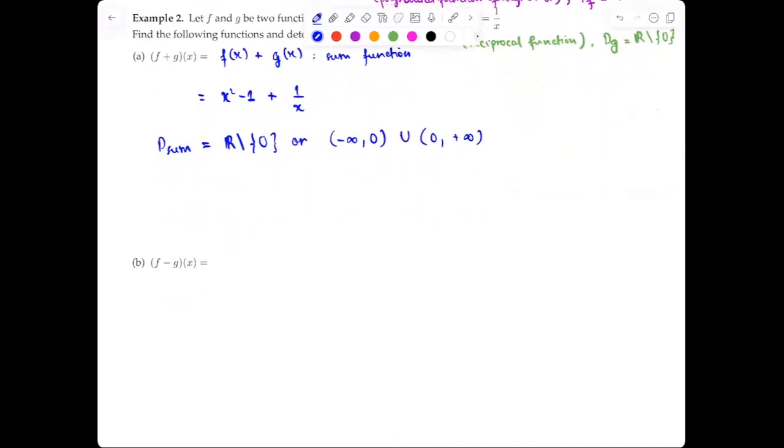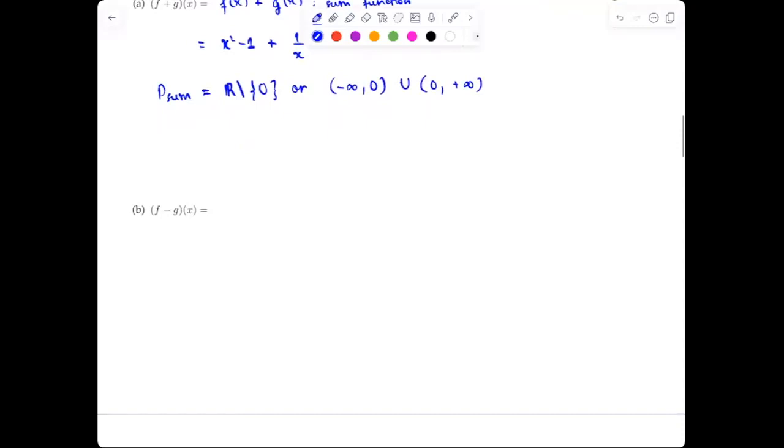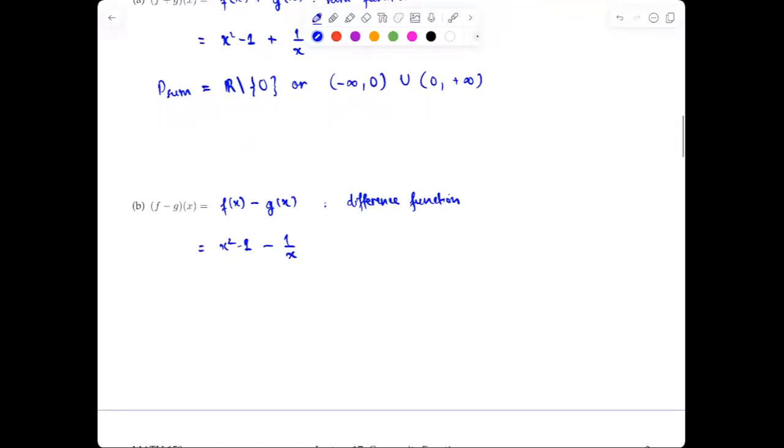And we're going to perform similar calculations on the difference function. So f minus g of x is equal to f of x minus g of x. Again, this is the difference function. And you get f of x to be x squared minus 1 minus g of x, which is 1 over x.